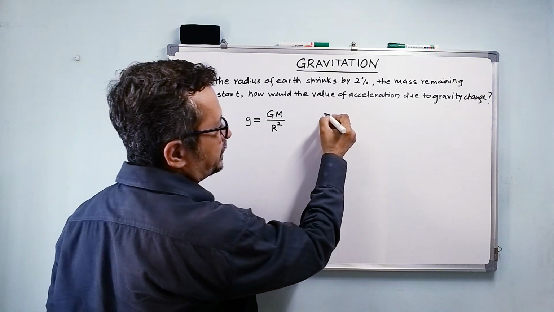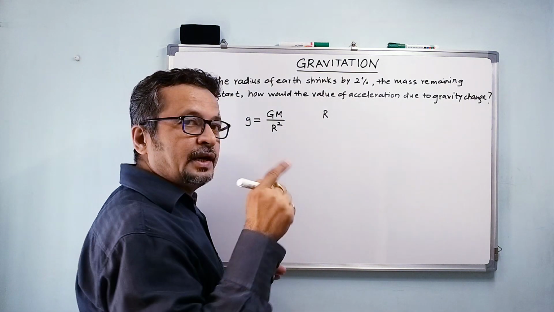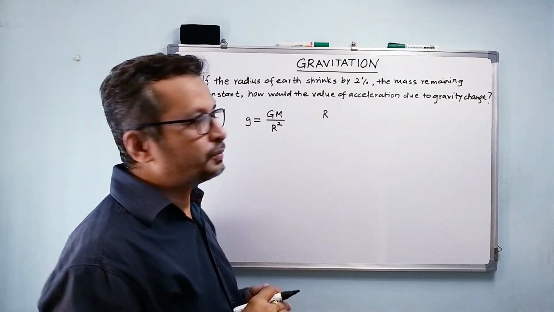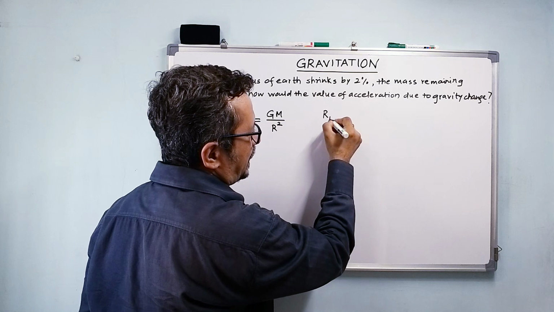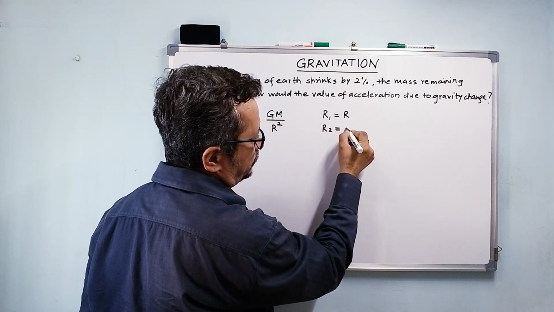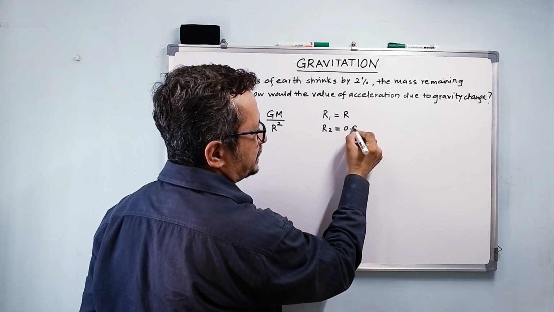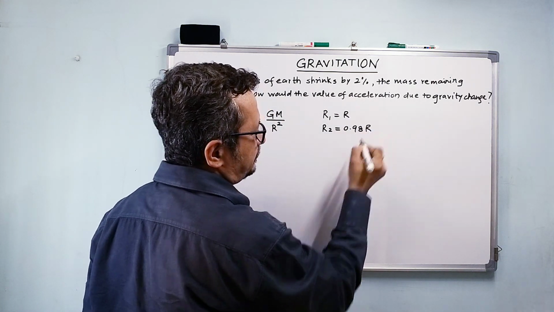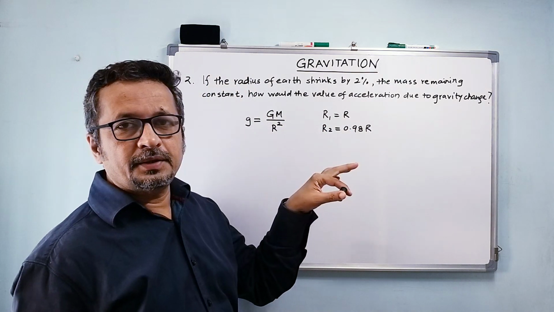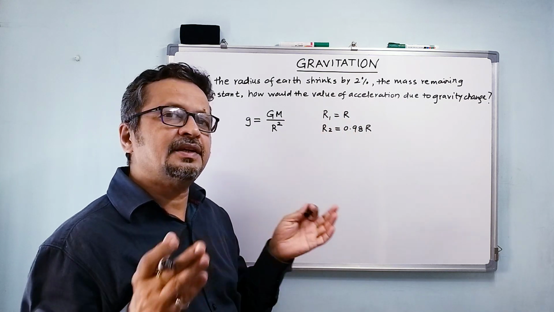My initial radius is r, correct, and my final radius after the radius decreases by 2%, that means my r1 is equal to r and r2 is equal to a 2% reduction, so it would be 0.98 r, correct.